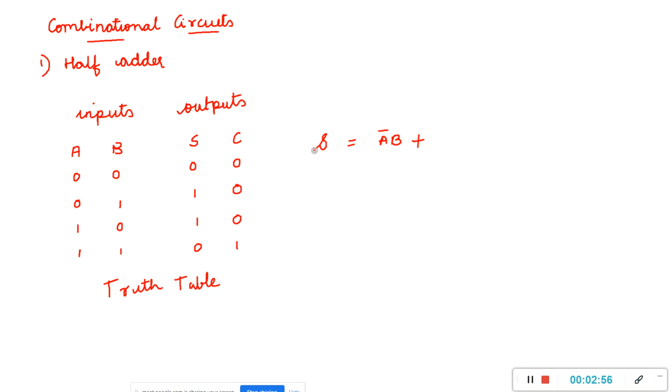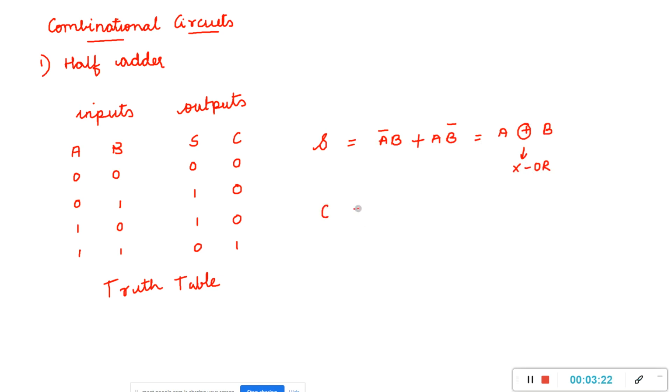It is A B bar. What is this equal to? A XOR B. Isn't it? A bar B plus A B bar is equal to A XOR B.